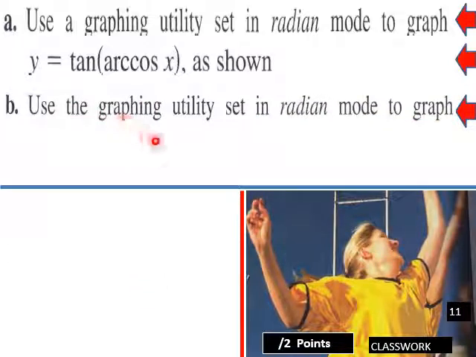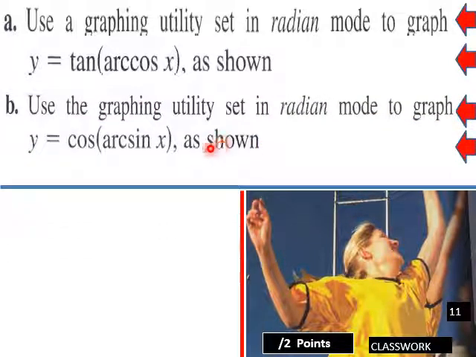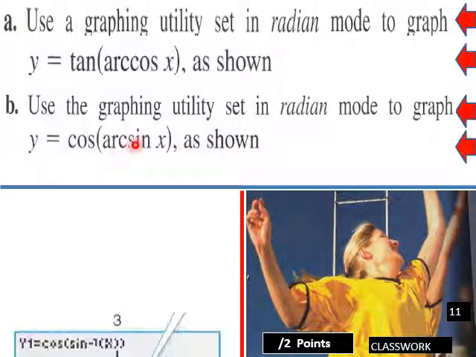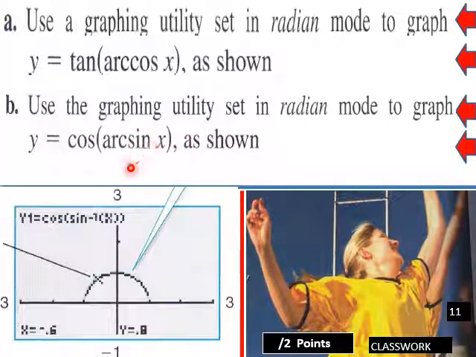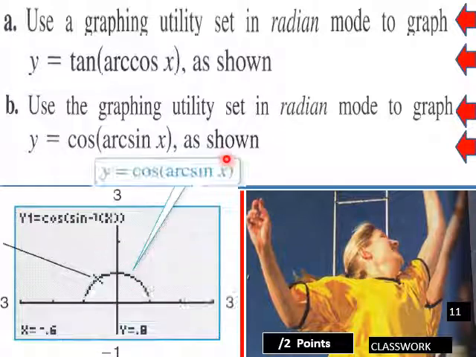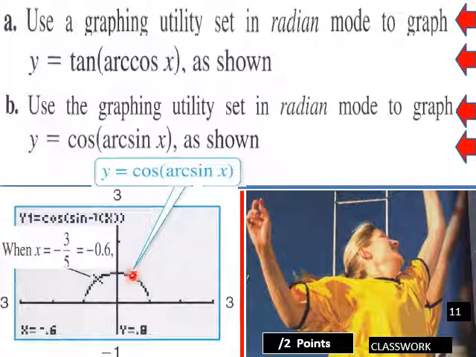B, using a graphing utility set in radian mode, graph y equals cosine of arcsine x, as shown. This is how you would type it into your calculator. So this is our cosine of arcsine x.